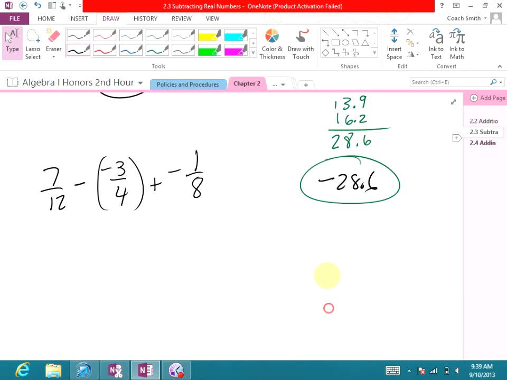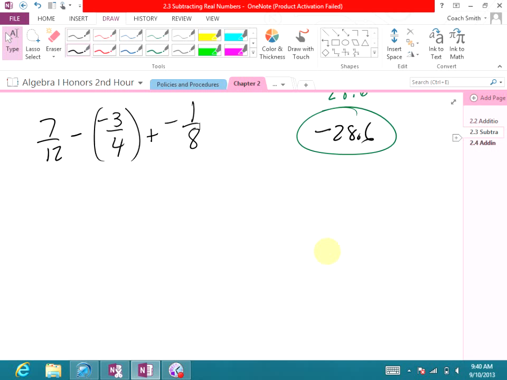All right, let's look at it. Okay. Now, first of all, there and there, the subtraction changes to addition. Then we do the opposite of negative 3/4. So we put these two together first, the 7/12 and the 3/4.